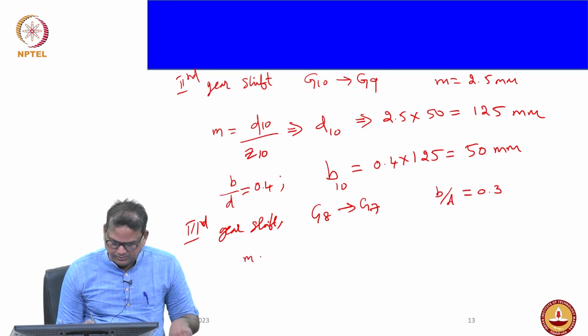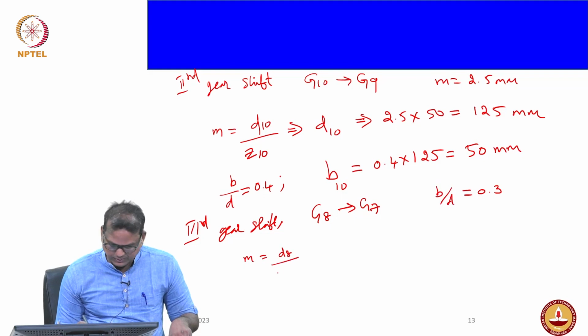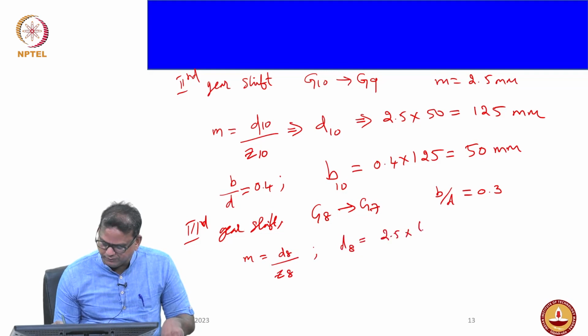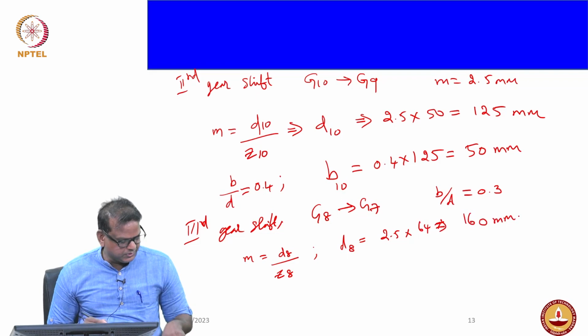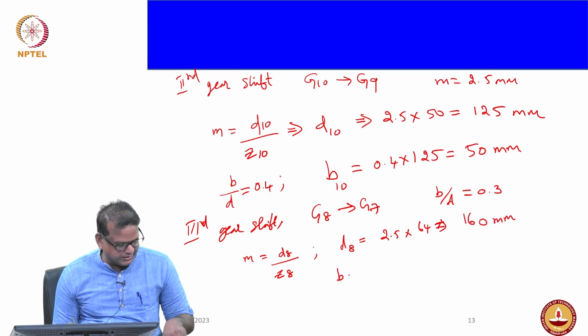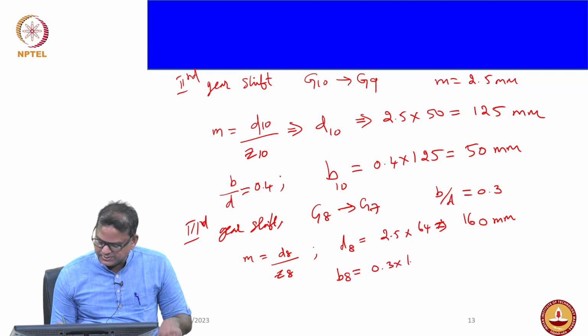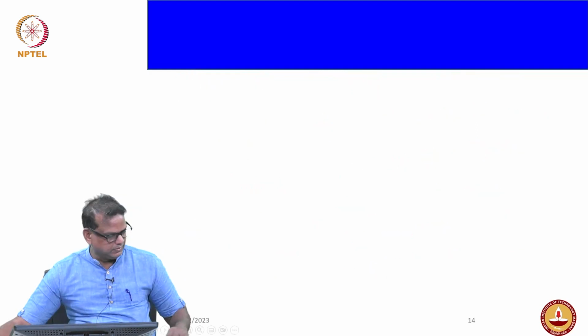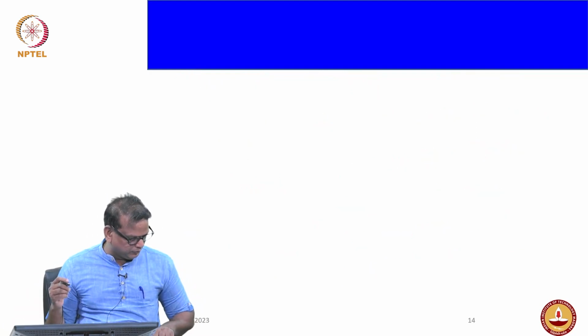As usual M equals D8 by Z8, and we want to know D8: 2.5 times 64, since Z8 is 64, gives 160 mm. Then the corresponding B8 equals 0.3 times 160, which gives 48 mm as the face width. This is for the third gear.